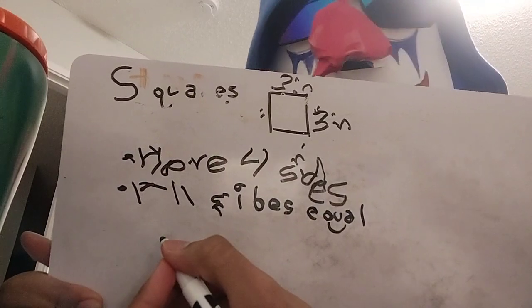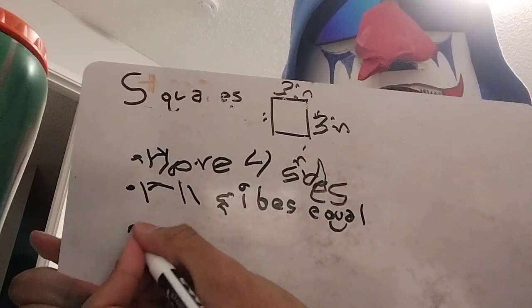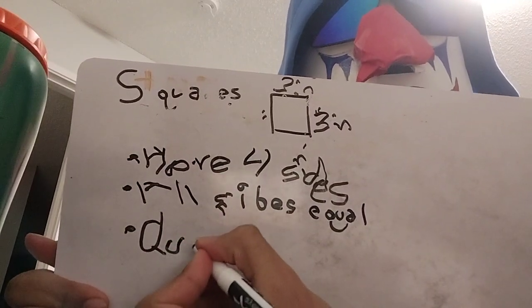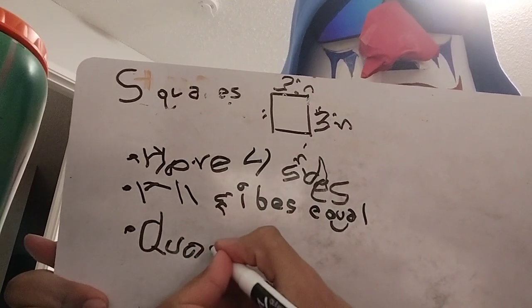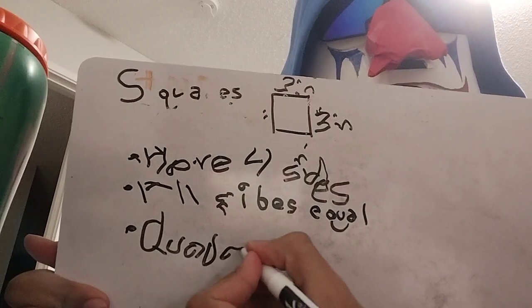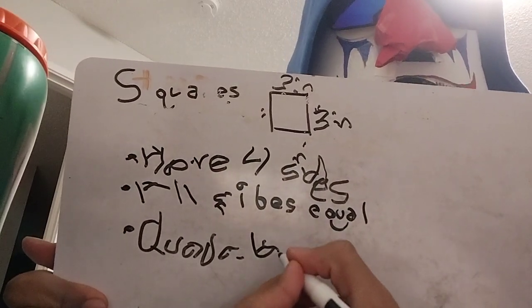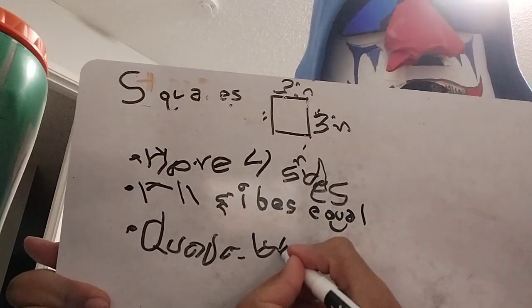Squares are a type of, what are they called? Quadrilaterals are shapes that have 4 straight sides.